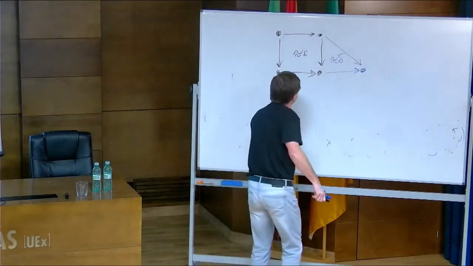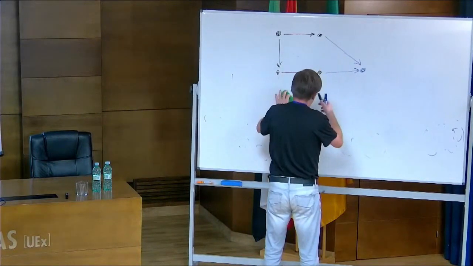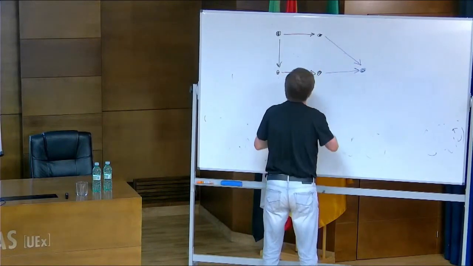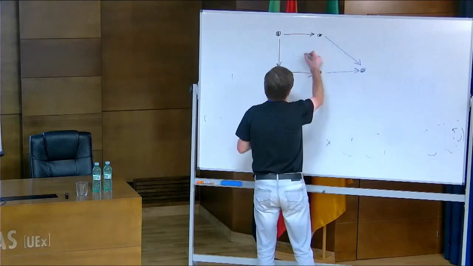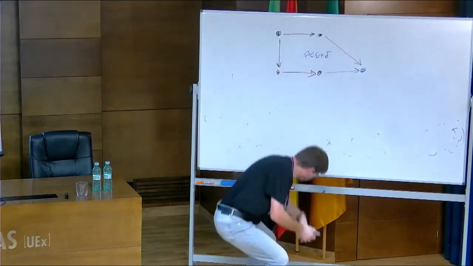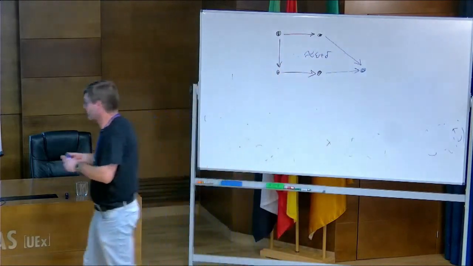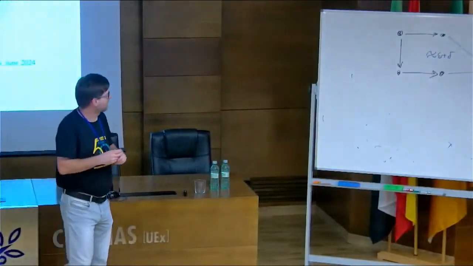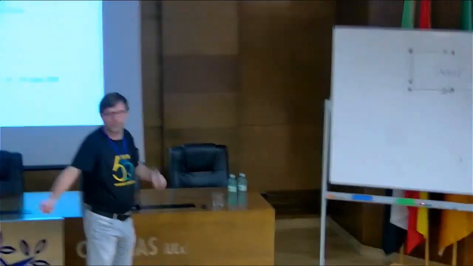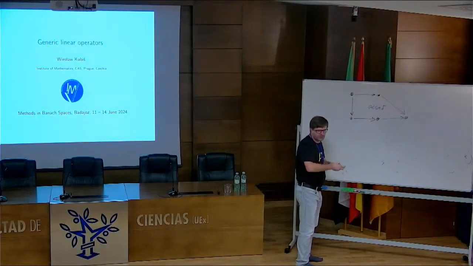Once you erase this, you will get epsilon plus delta. This is what is more or less behind. And this is the most important feature, I would say, because otherwise you cannot survive with this.